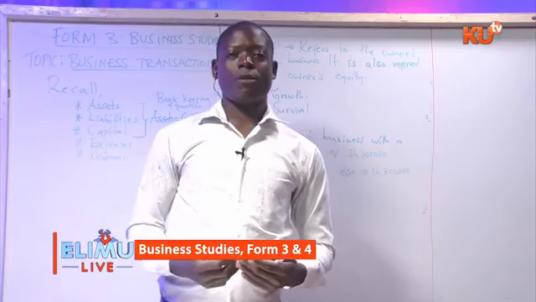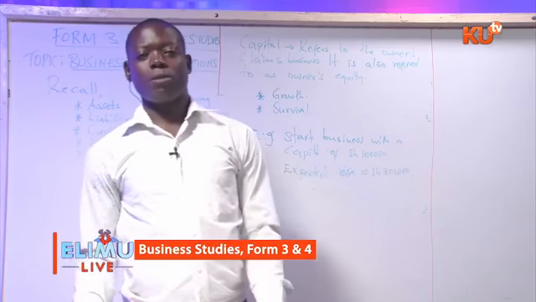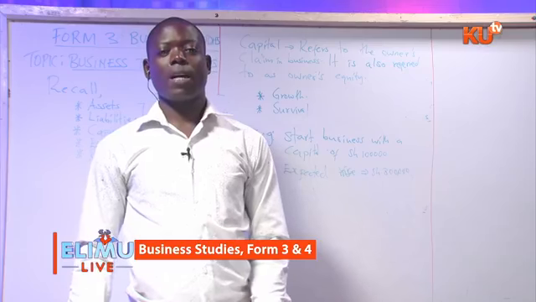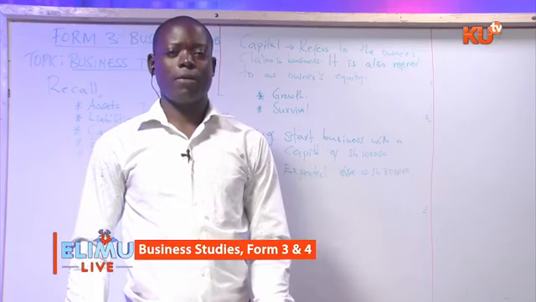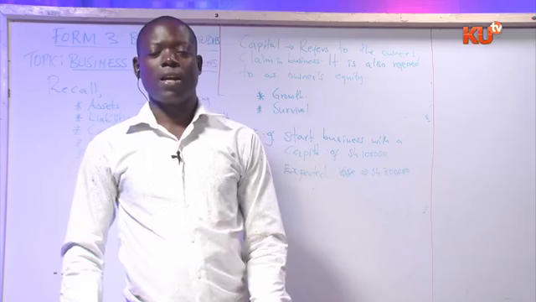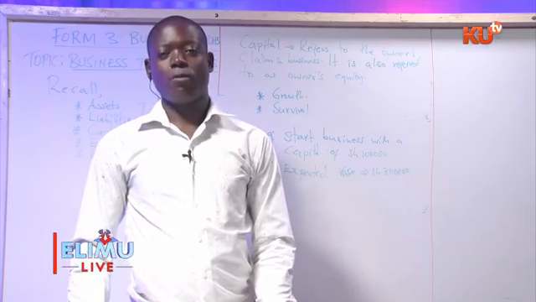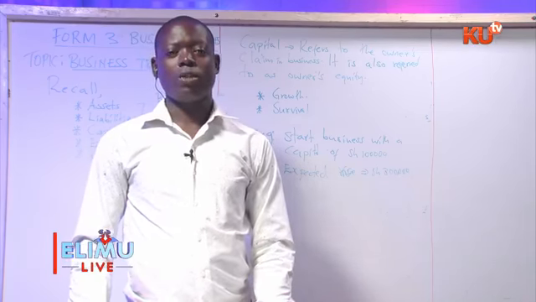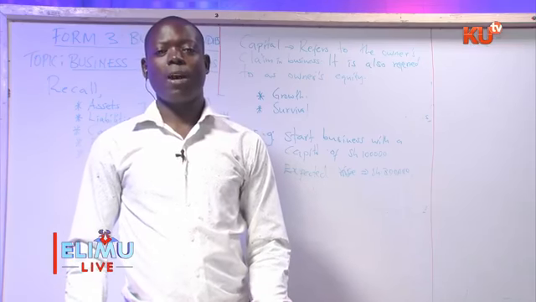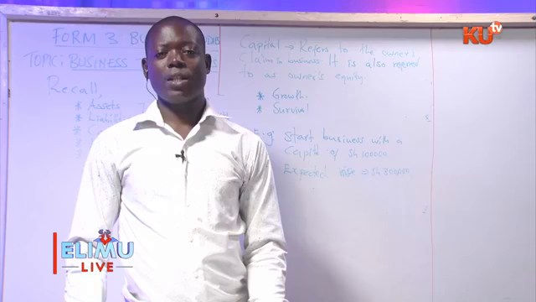Or let's say you start with a small business worth 20,000 and after 1 year, my business should have a capital base of, let's say, 50,000. What will constitute this change in capital from 20 to 50? Or from 100 to 300, or even from 10 to 20, whichever figure you have, as long as there is a rise in the business capital.